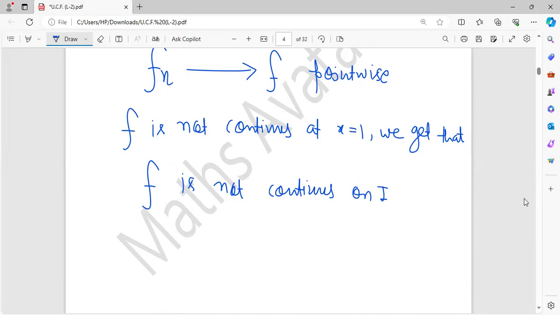If you can find a particular point at which it is not continuous, we will not say that it is continuous on I. Okay, because we have a point at which it is not continuous.